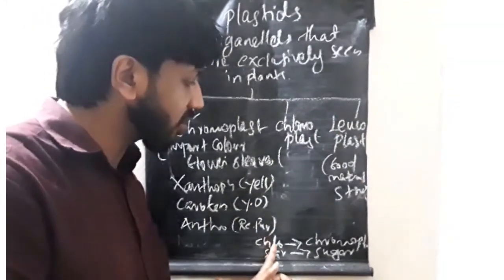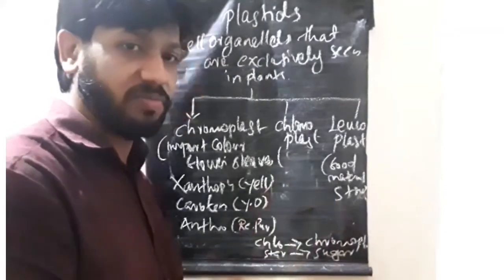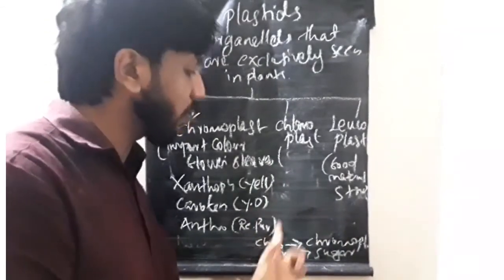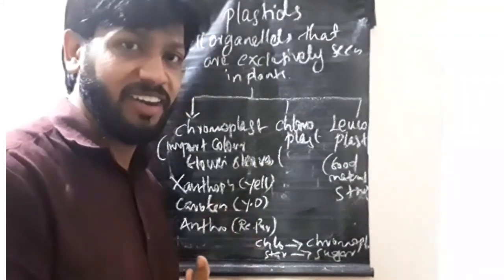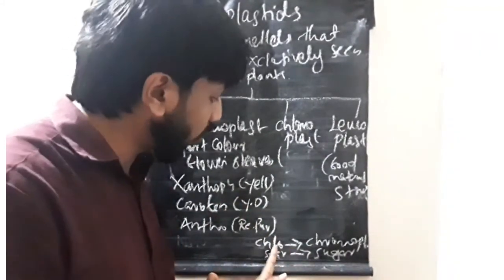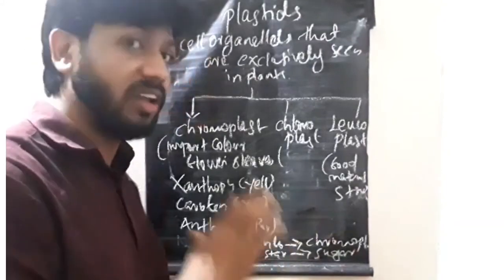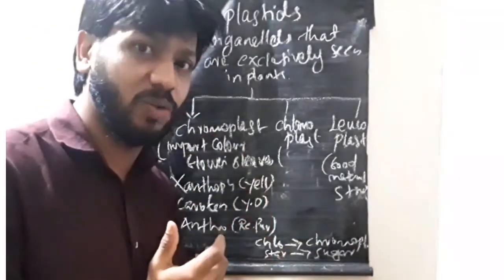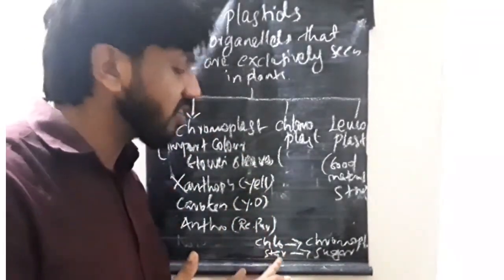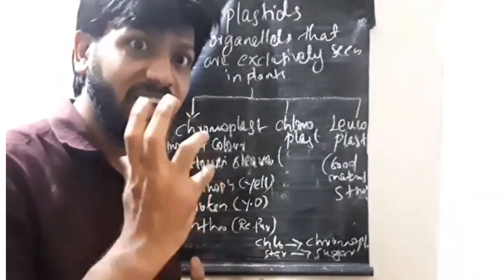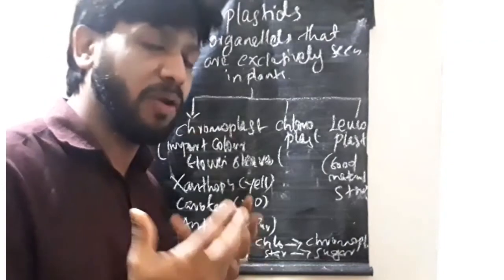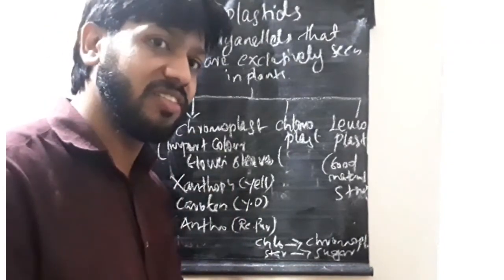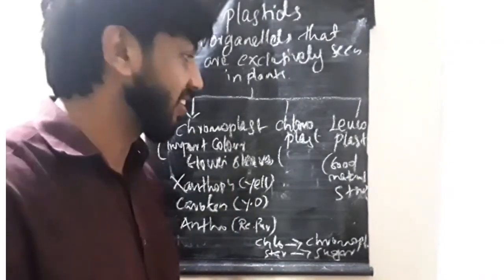The chloroplast changes to chromoplast when fruit ripens. You can see the ripened fruit colors. Then starch is converted into sugar. That's why we get sweetness. Ripened mango, when we taste it, we get sweetness.